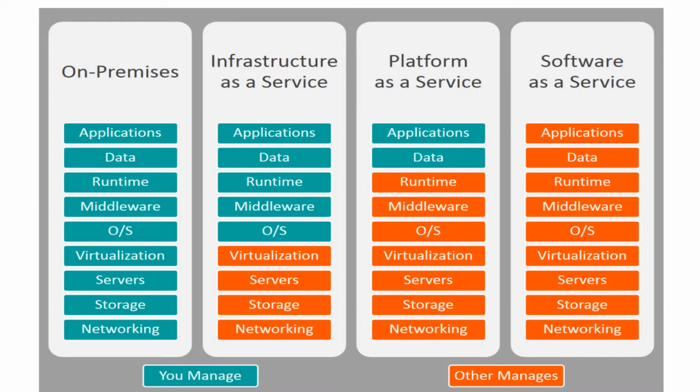Here is the view graph of different cloud computing services, where what component is managed by the client is shown by blue color and what components are managed by others is shown by orange color.